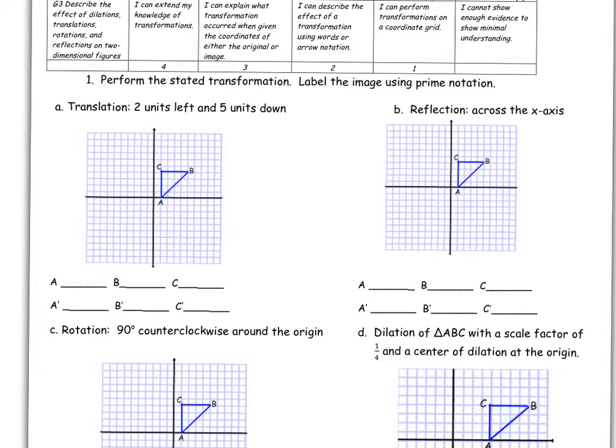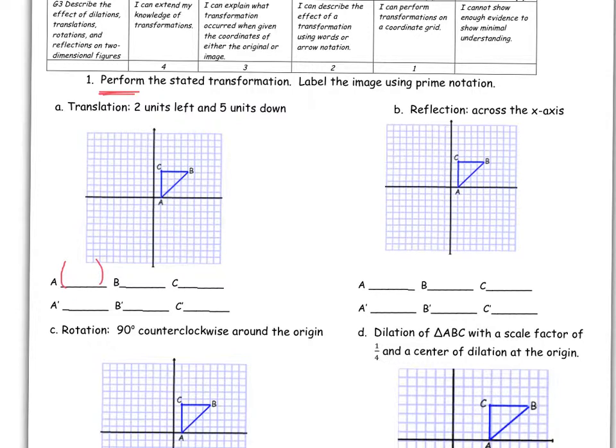Alright, for the first problems, you have to perform the transformation. So perform means you're actually drawing the shape, not just coming up with your new ordered pairs. But it's always nice to start with the ordered pairs.